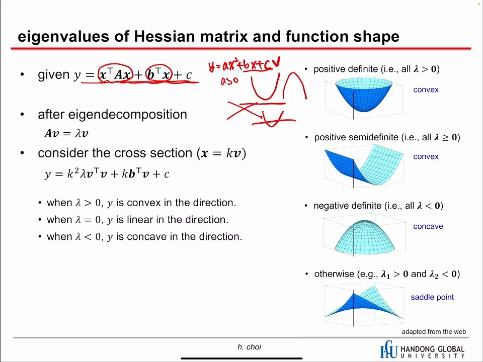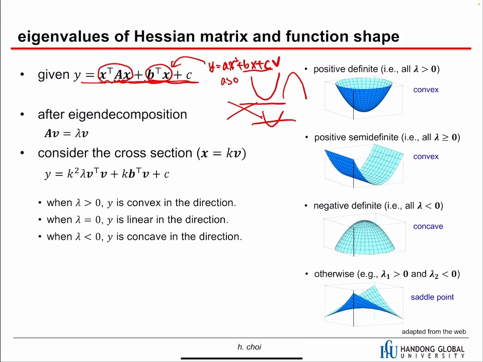Good. So from this equation, we can generalize into a high dimensional vector. So when x is a vector, then A is a matrix, which is the Hessian from the previous slide, and b is a vector, which is the gradient.